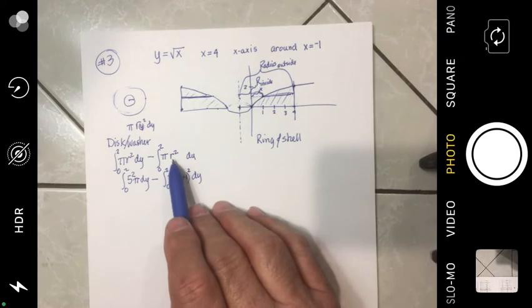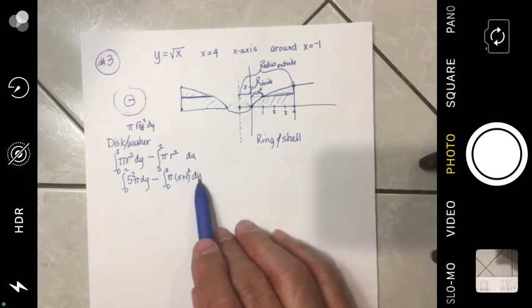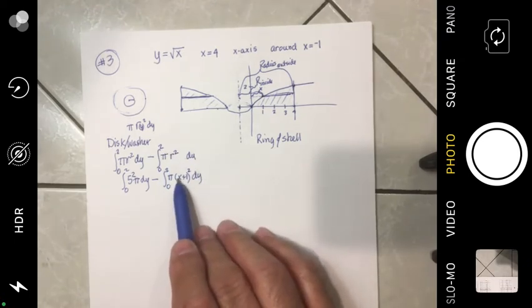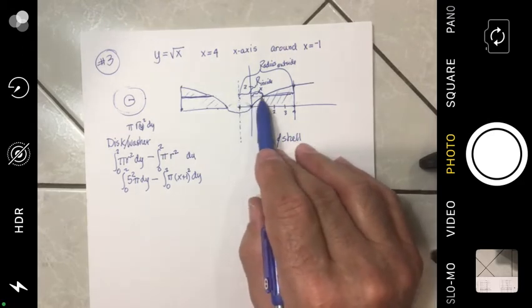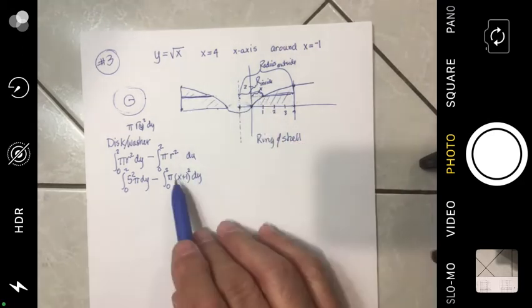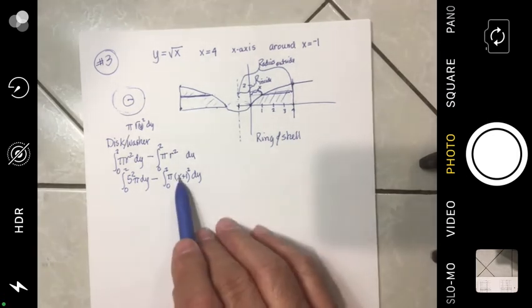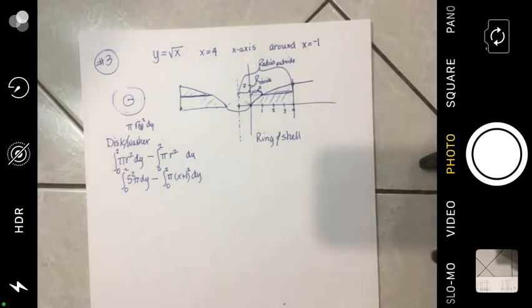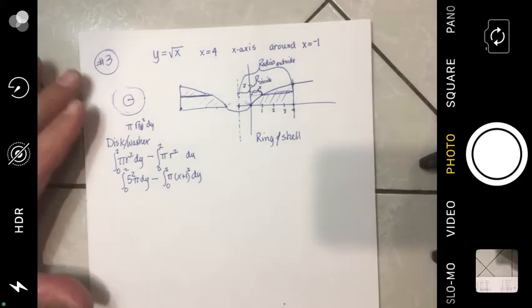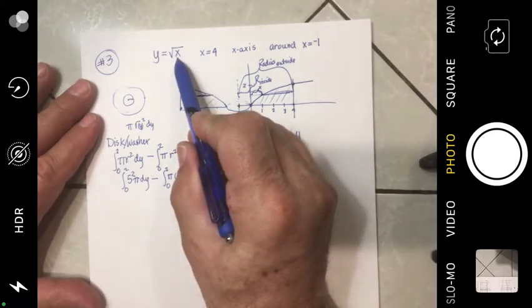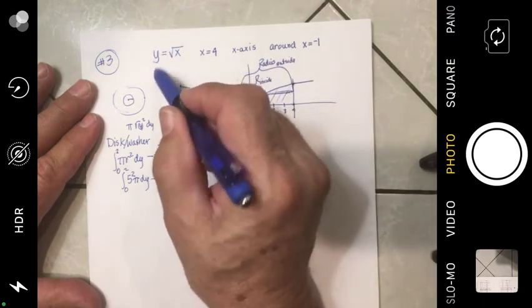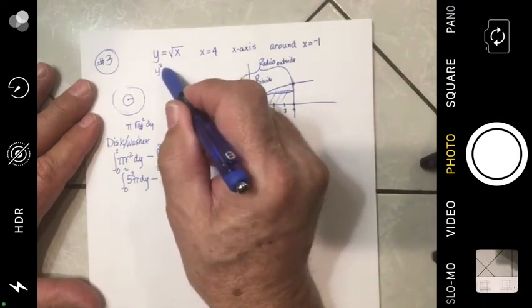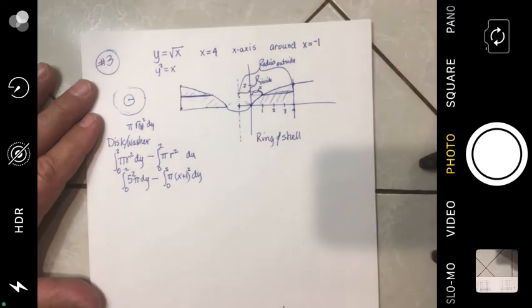Now, remember, it's dy. This is x plus 1. It's x plus 1 because it's going in the x direction. So we have to replace this x with an expression that it's equal to in terms of y. Now if you look up here, the square root of x is y. So if I square both sides, I get y squared is equal to x.